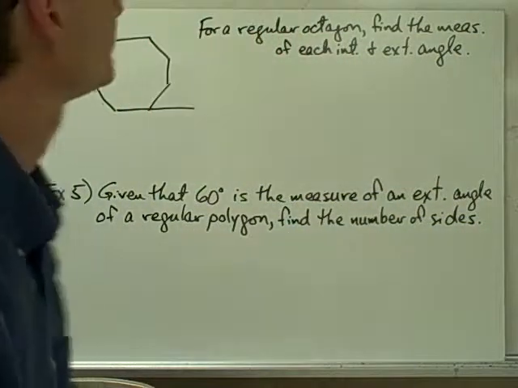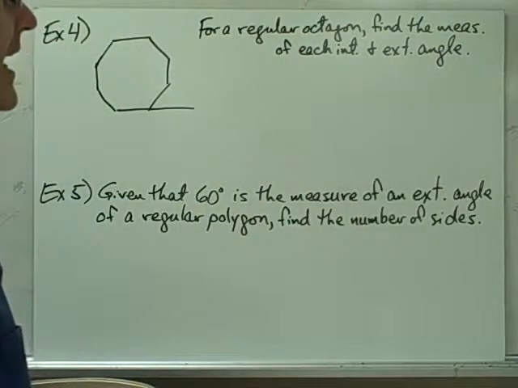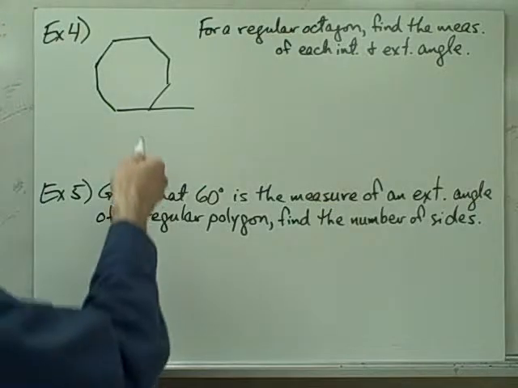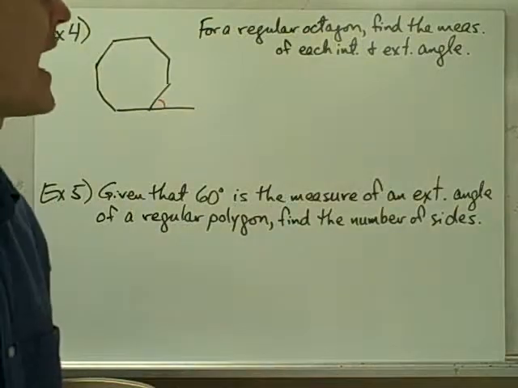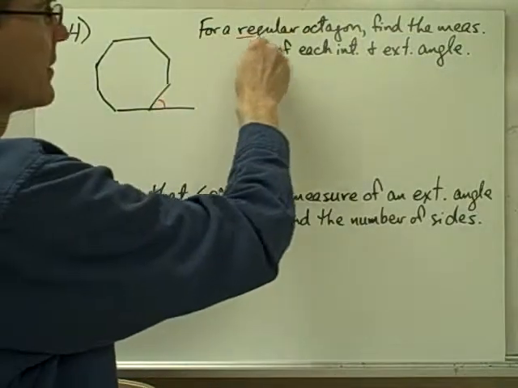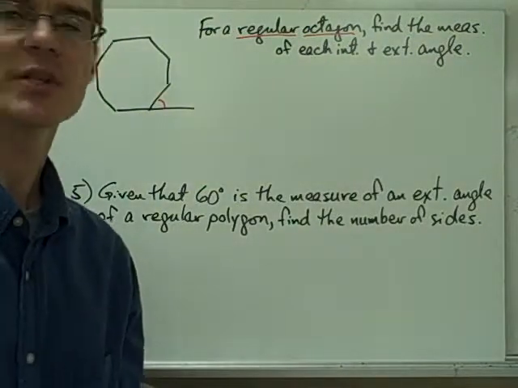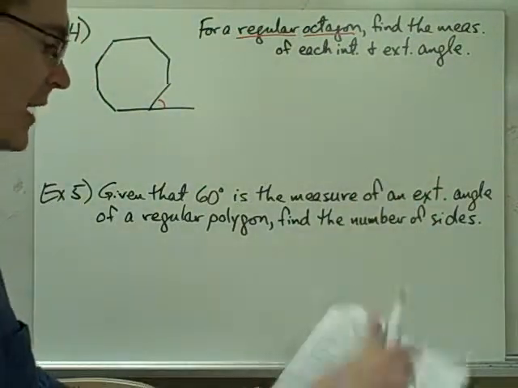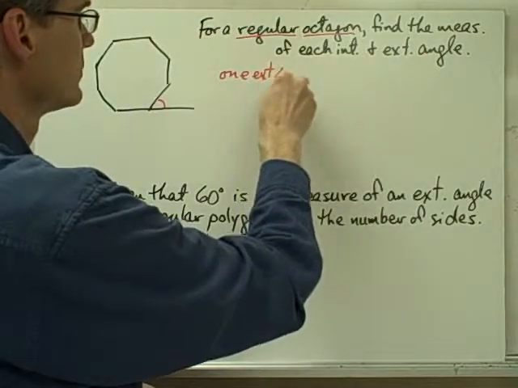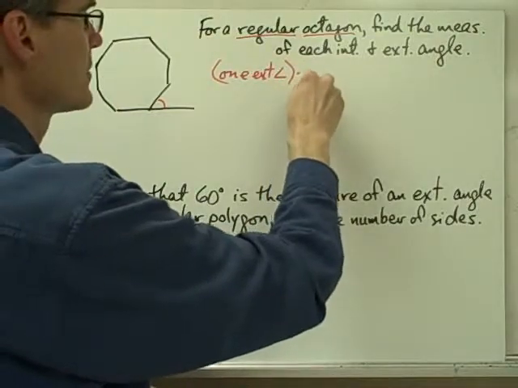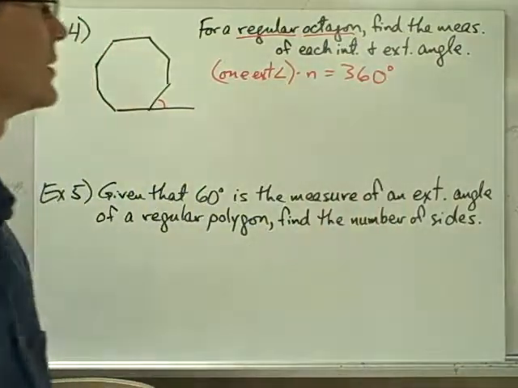So example number 4. For a regular octagon, find the measure of each interior and exterior angle. So I'm going to start with this exterior angle right here. And I'm going to use the fact that since this is a regular octagon, I can use the formula we just came up with on the last slide, which is one exterior angle times n equals 360 degrees.